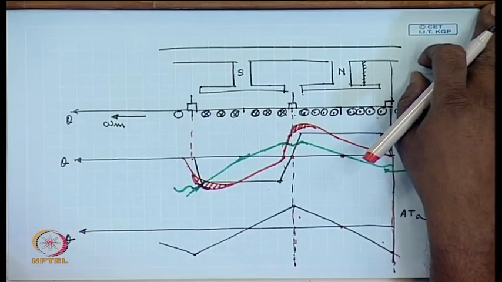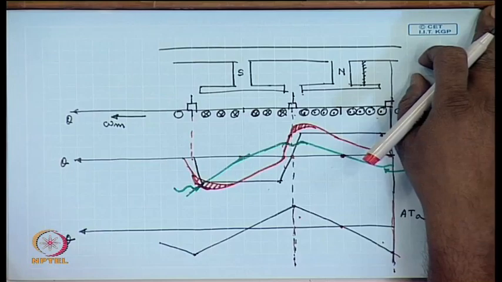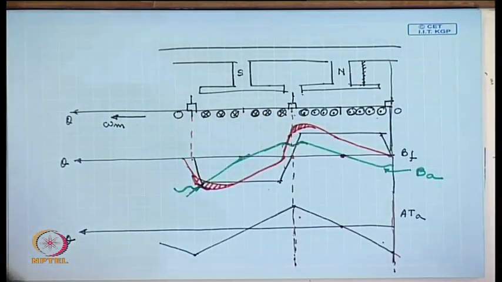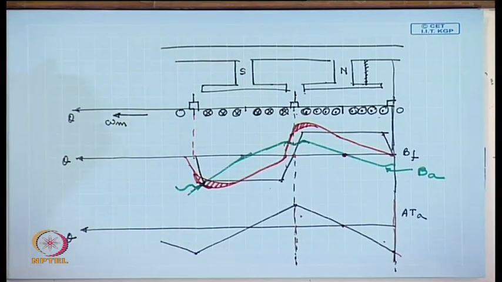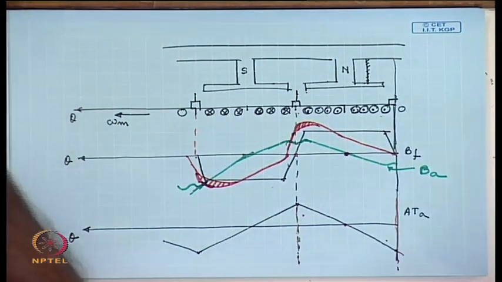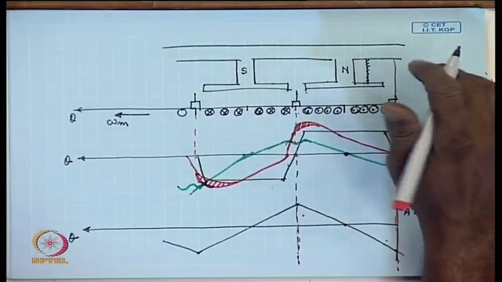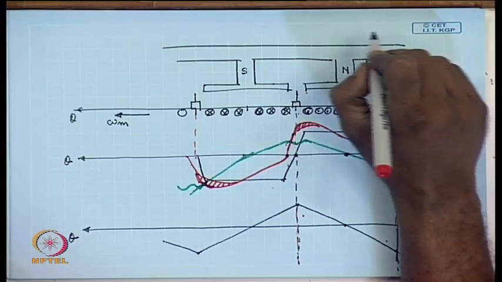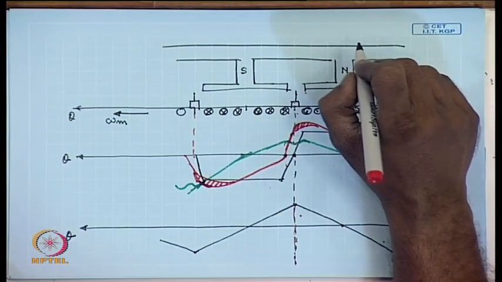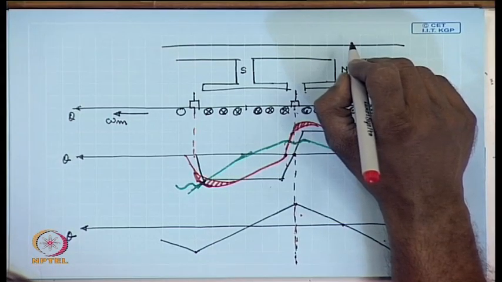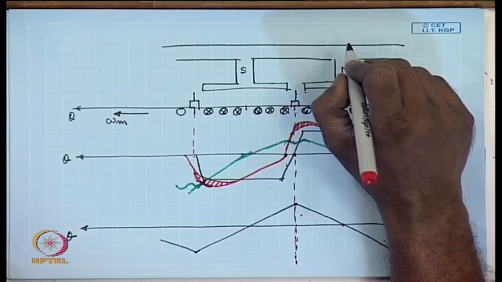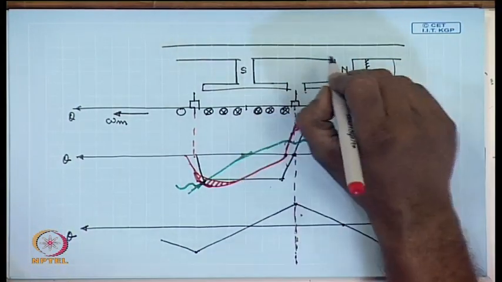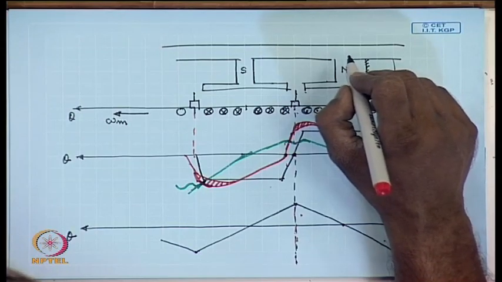This is one problem. The other problem is that we find that the position of zero crossing of the resultant field flux waveform is different from that of the field flux alone.